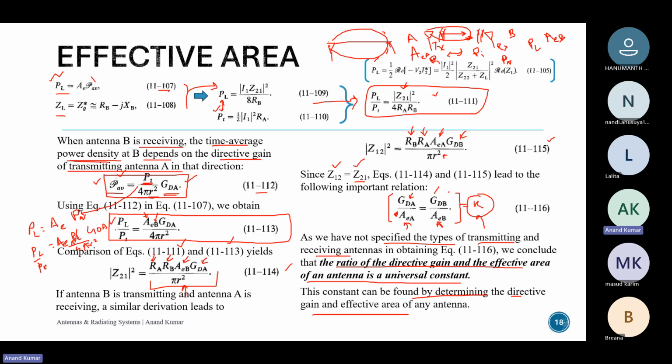We took the ratio again and compared the two expressions for PL by PT, and got the expression for Z21. We calculated it for Z12 as well and compared to get this particular expression. So pause here. Let me know if you have any queries on this, else we'll proceed.